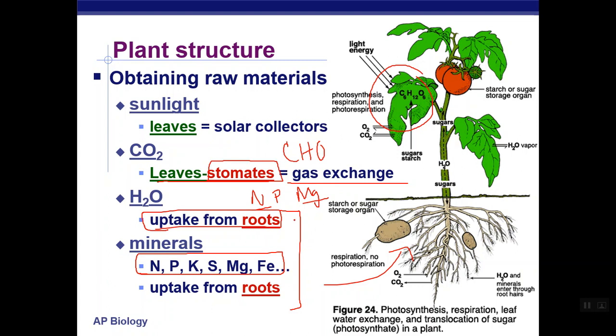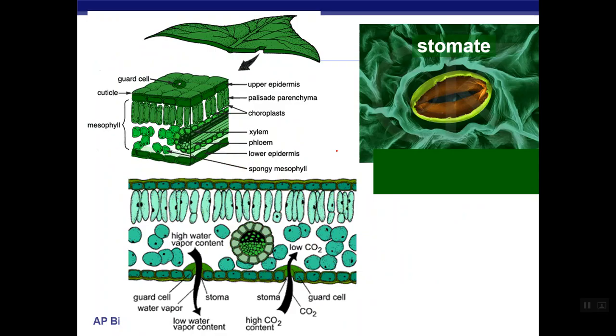And that water, if you remember, moves up through structures called xylem. If you take a leaf and you zoom in, so here's our leaf here at the top, you zoom into it, you're seeing a cross section of the leaf, right? Photosynthesis happens in all of these cells.